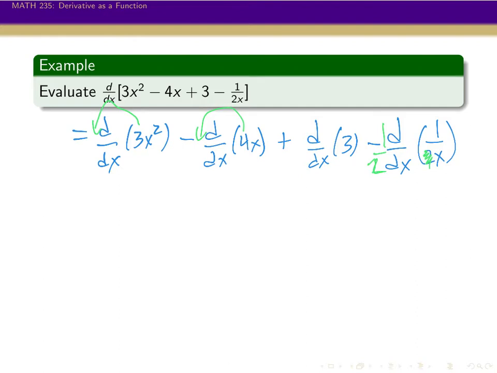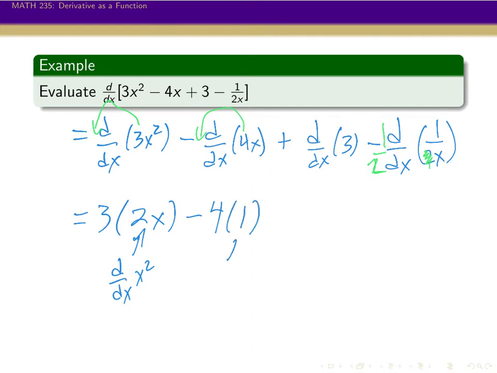Okay, and so then for the derivative, I have 3 times the derivative of x squared. Well, we just saw that the derivative of x squared is 2x. And so this is d dx of x squared, minus 4 times the derivative of x, which is 1.